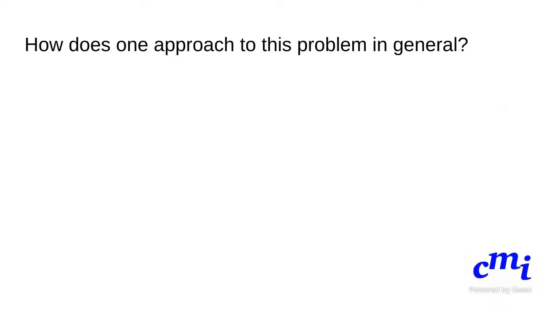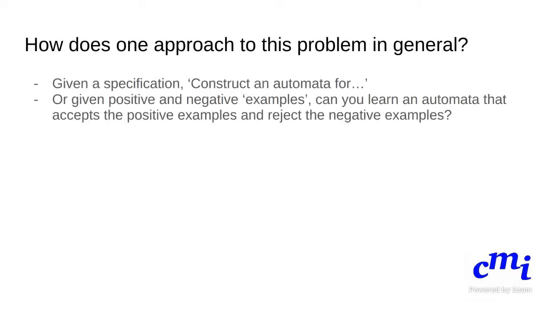Yeah. So should I start with this slide? Yes. So I was trying to make the point of how one approaches this problem in general: given an arbitrary specification, do we have an algorithm to make an automaton? Surprisingly, we do. The specification could be given as a set of positive and negative examples.